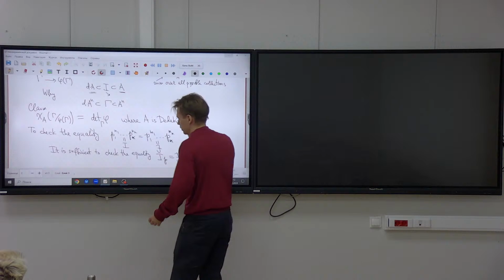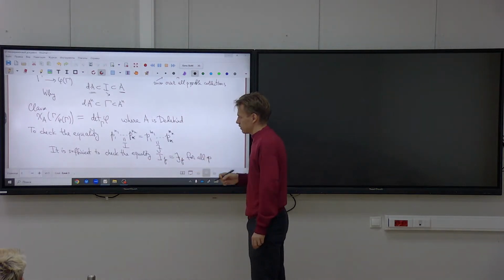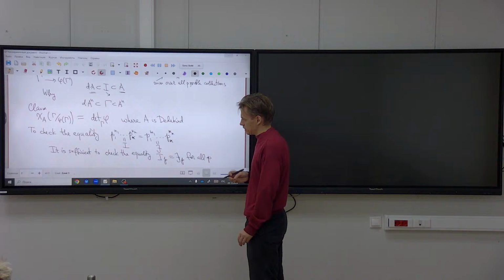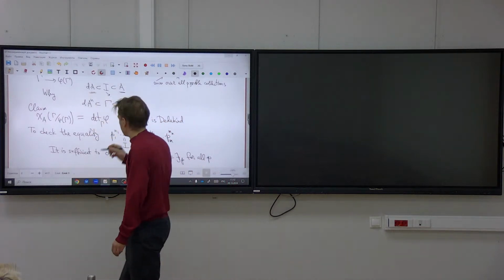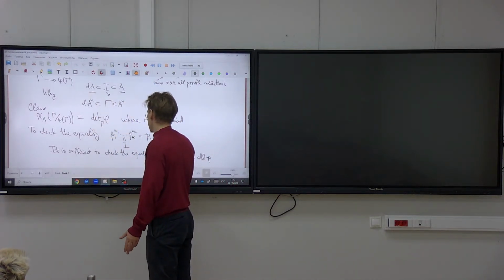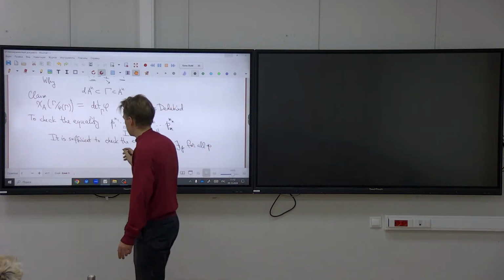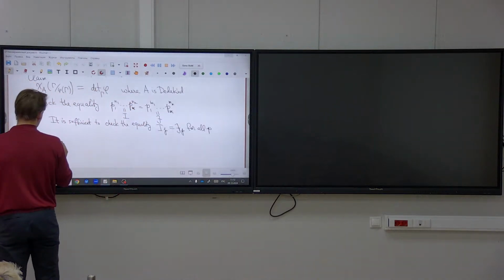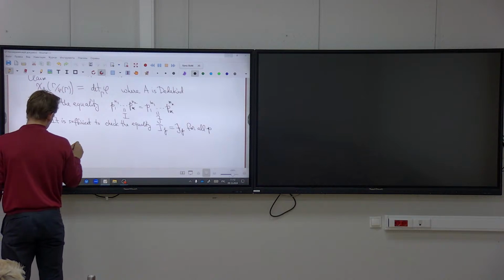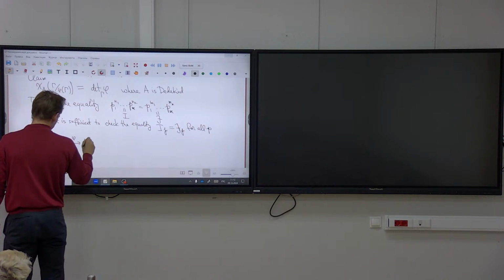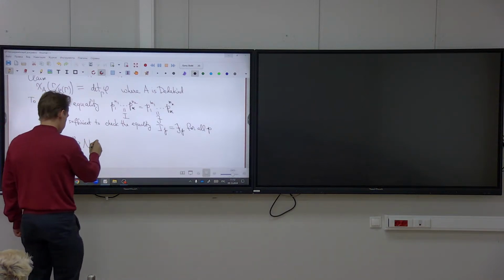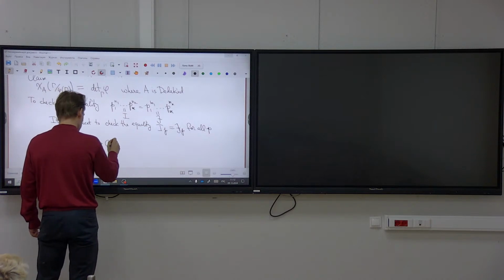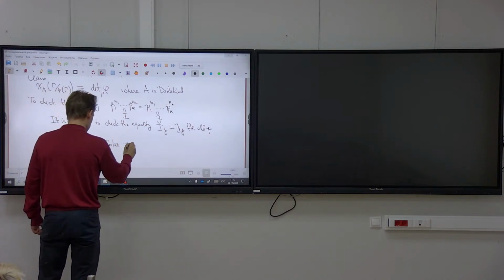If you have a map of modules, you can check that the module is non-zero. In commutative algebra, when you are talking about modules and you have a map of modules, you can take the kernel and cokernel.